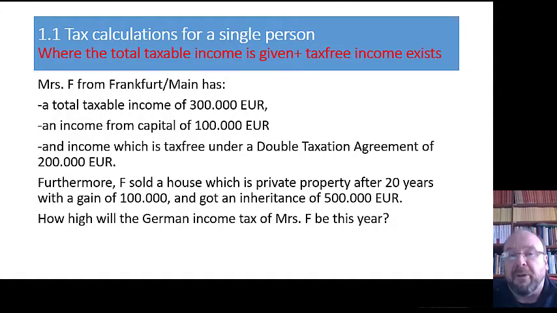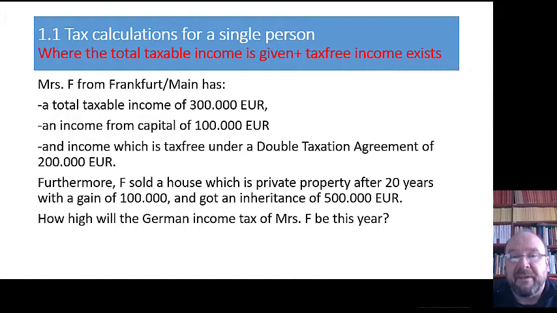And now the important thing here is that there is a tax exemption for the double taxation treaty agreement income of 200,000. The gain from the house, however, is under the rules of German income tax not even taxable income. If you sell off a house after 10 years, it would not count as income at all. It's no longer covered by the 7 types of income, so it doesn't count.